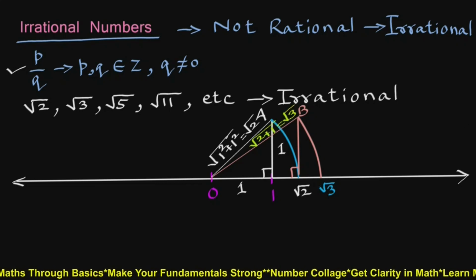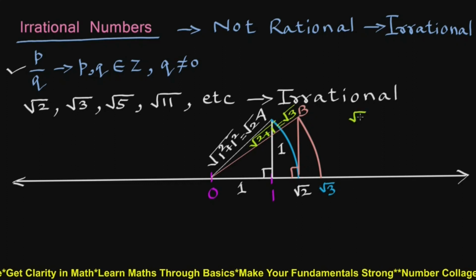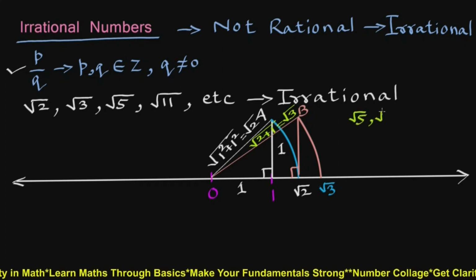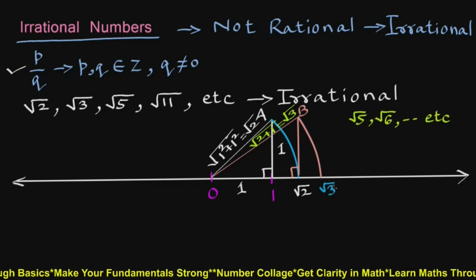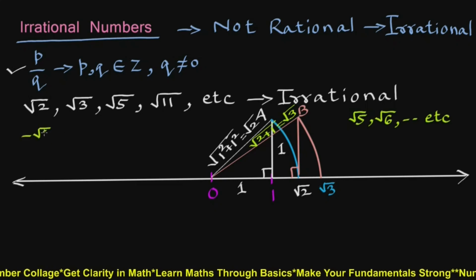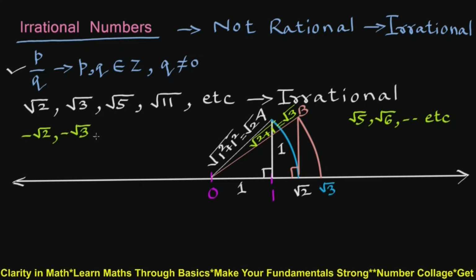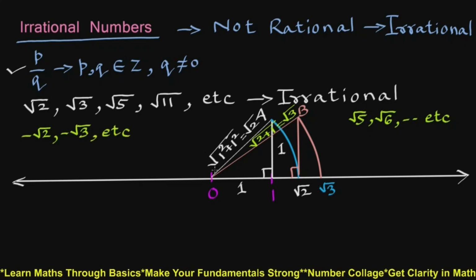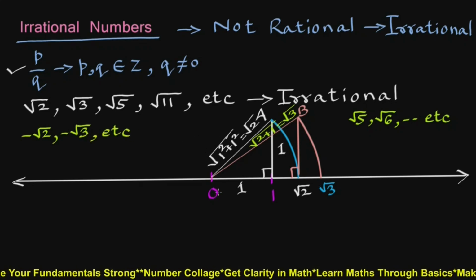By using the same technique, we can plot root 5, root 6, etc. on this number line. For negative irrational numbers, minus root 2, minus root 3, etc., we have to apply the same technique to the left of 0.